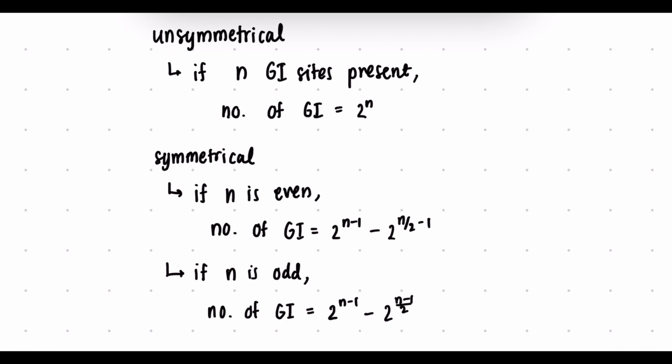If n is odd, then the number of geometrical isomers would be 2 to the power of n minus 1, plus 2 to the power of (n minus 1) over 2. So yeah, you could use these formulas to give you a quick answer during your examinations and whatnot.